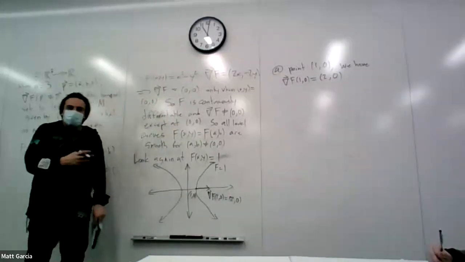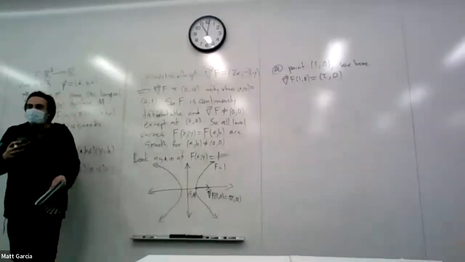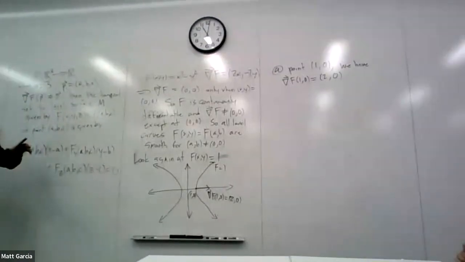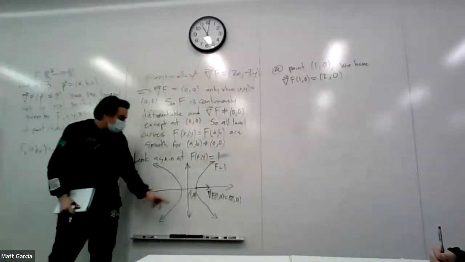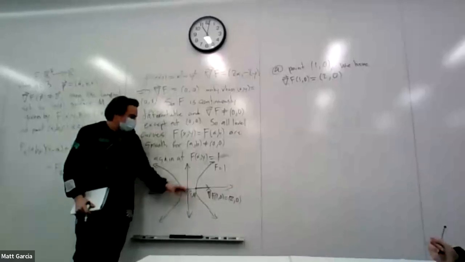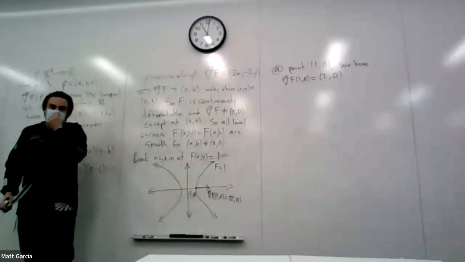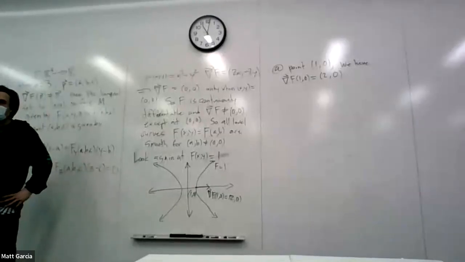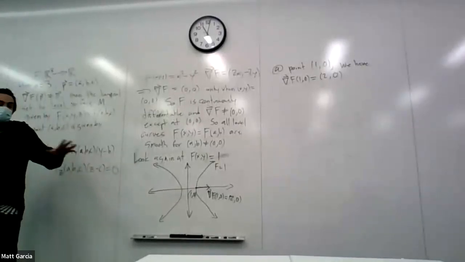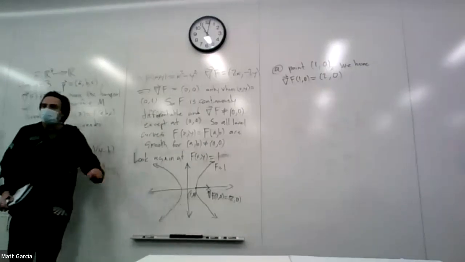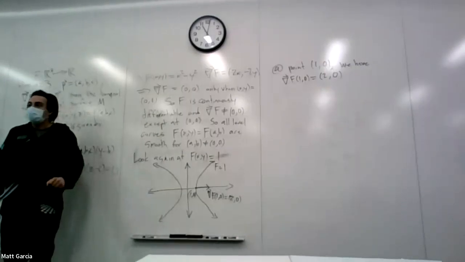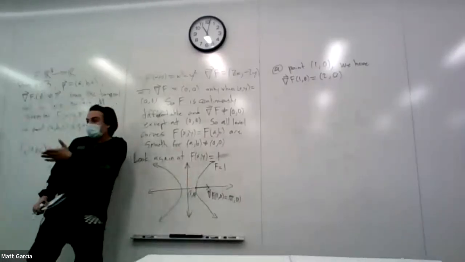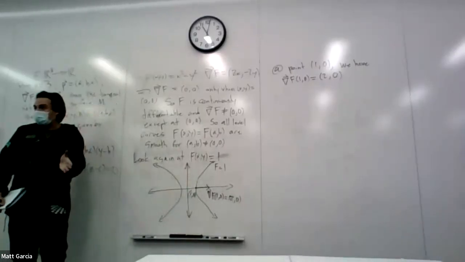So in other words, how do I define, we've just said this, I'm just trying to reiterate it. How do I define the tangent line to this level curve at this point, 1 comma 0? Well, just graphically, what is the tangent line here? It's a vertical line parallel to the y-axis, right?